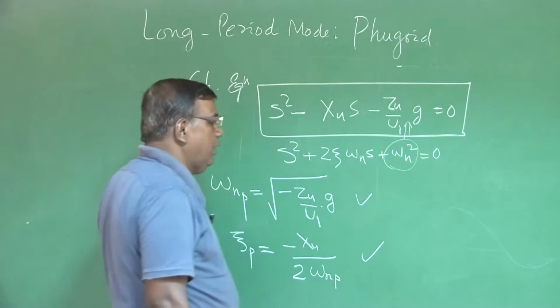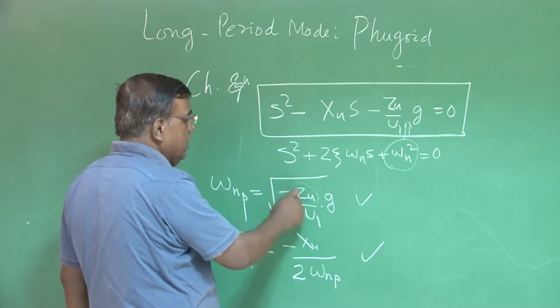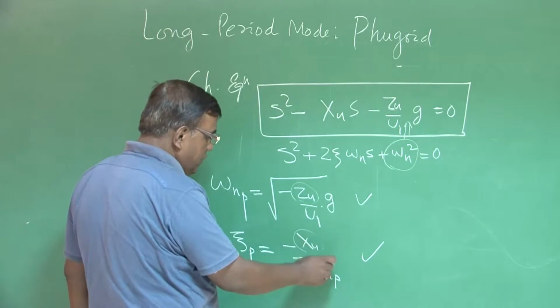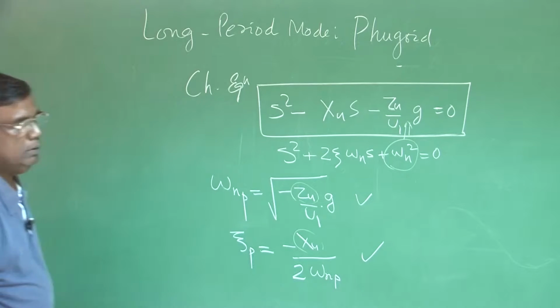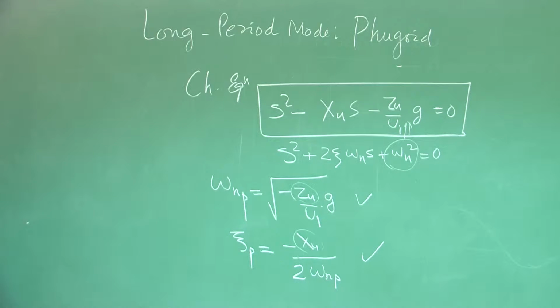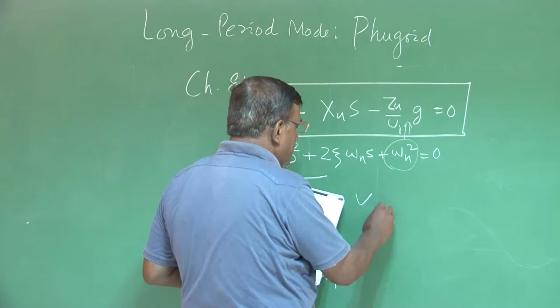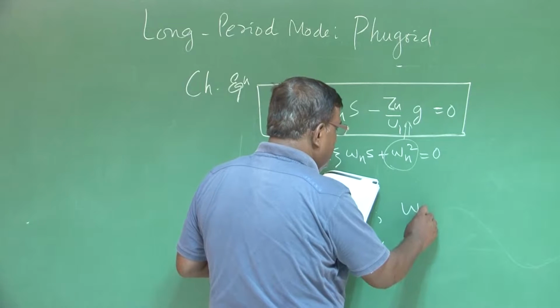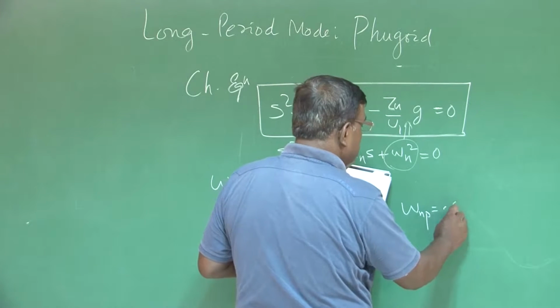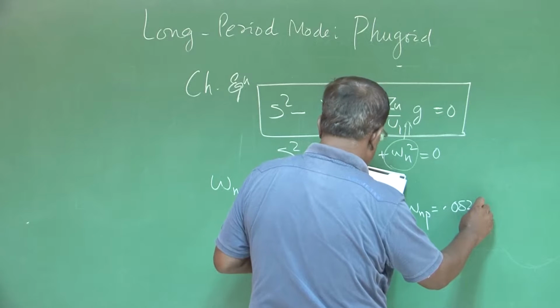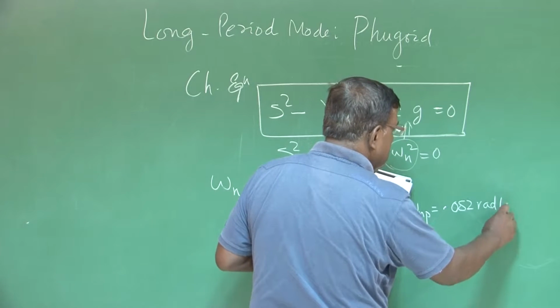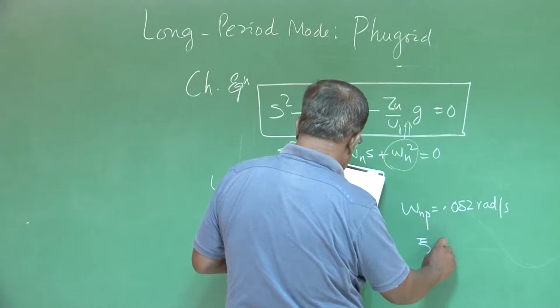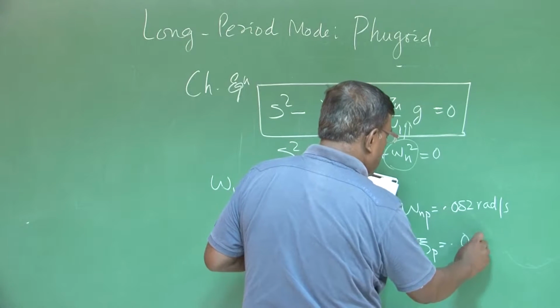And if I want to calculate for an airplane, I know the expression of Zu, I know the expression of Xu, I can easily find out natural frequency, I can easily find out damping ratio. Right? Okay. If we do this for the example airplane which we are doing, then omega n phugoid will come around 0.082 radian per second, and zeta p will come as 0.046.